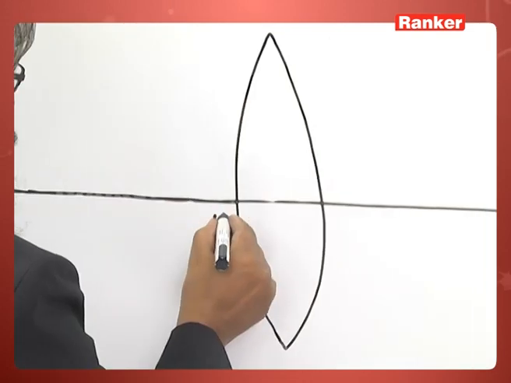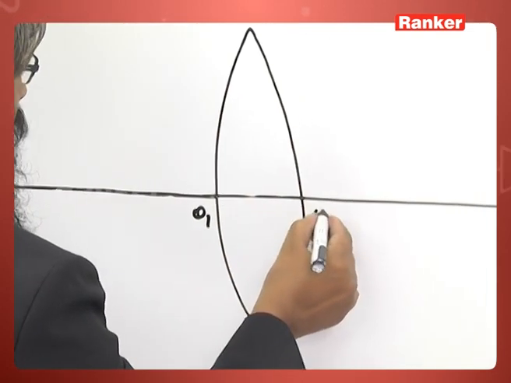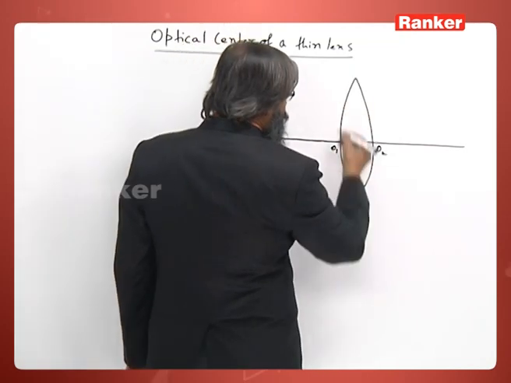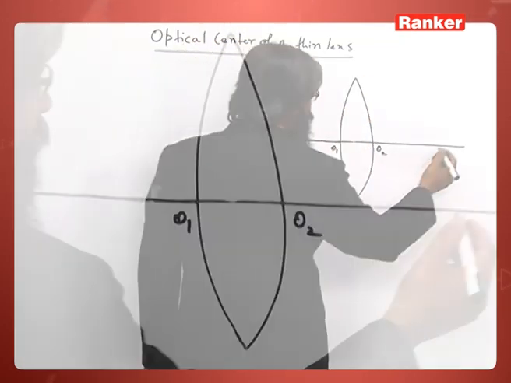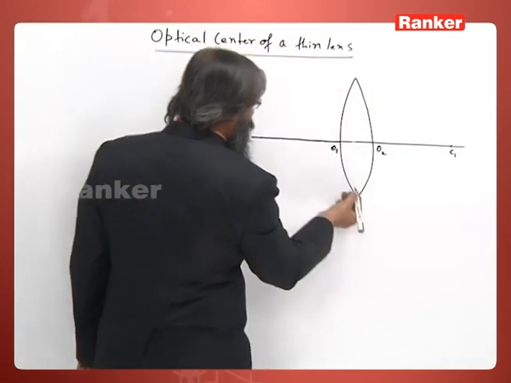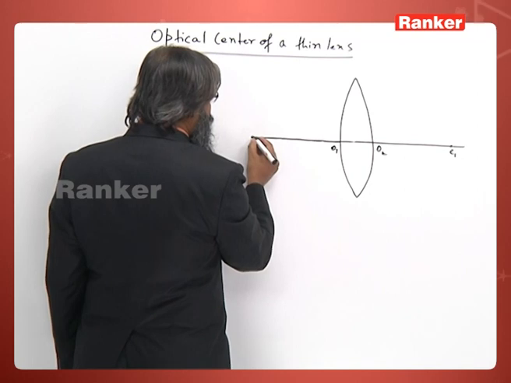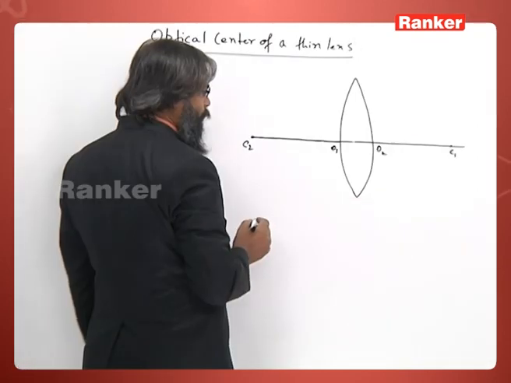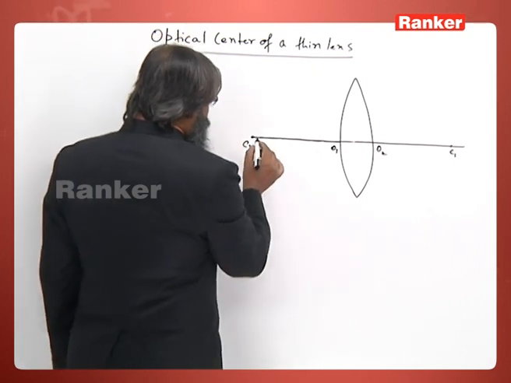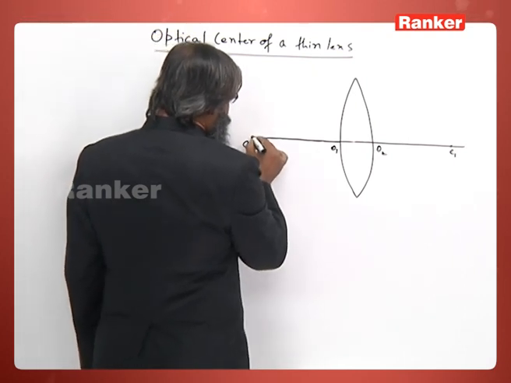Suppose I call this point O1 and this point O2. Its center of curvature is here, that is C1, and this surface has its center of curvature at C2.